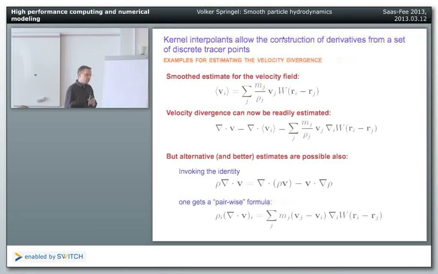And here we see for the first time one of the nasty aspects of numerical implementations. There are often multiple possibilities, like here. I have two possibilities to estimate the velocity divergence in SPH, this one and this one. Both seem perfectly viable. Which one is better?